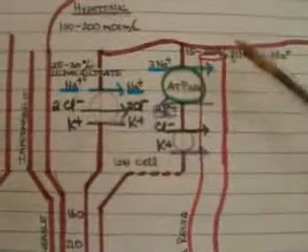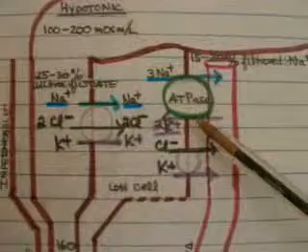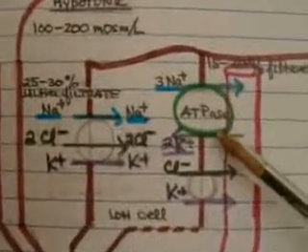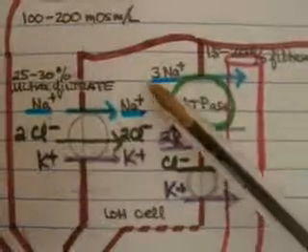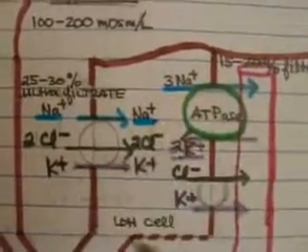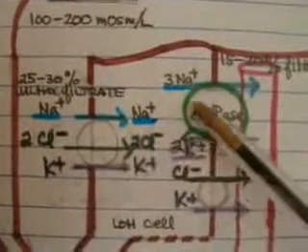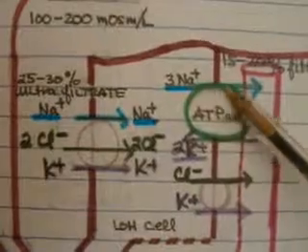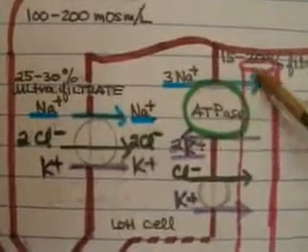But we can see here that the driving force comes, once again, from the sodium-potassium ATPase. This is active transport of sodium from within the tubular cell, or the loop of Henle thick ascending limb cell, into the capillary vessel.